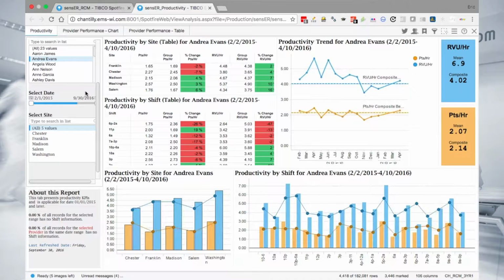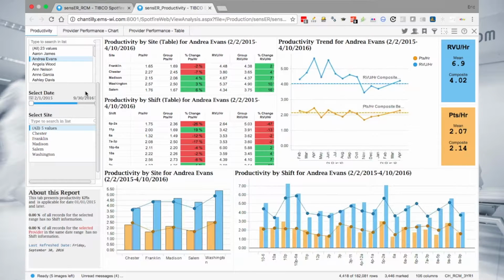Those numbers that appear in red are percent changes of performance from the provider to the group that show a performance for the provider that is less than the mean for the group, and those in green show performance that is above the mean. Again, that gives you a quick visual clue to where you should focus attention on this provider. Are they underperforming at particular sites or not?